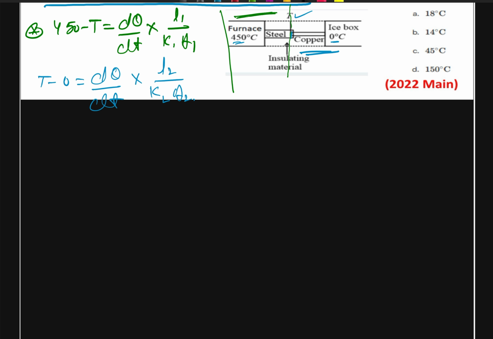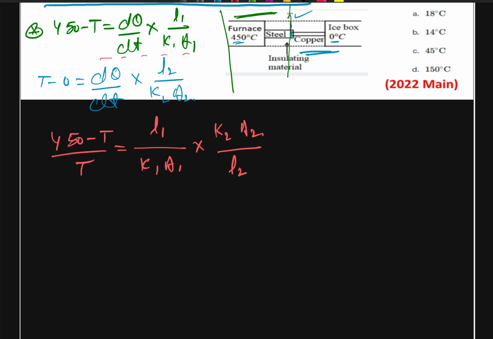We get 450 minus T upon T is equal to, as dQ by dt is going to cancel out, L1 K1 A1 multiplied by L2 K2 A2.